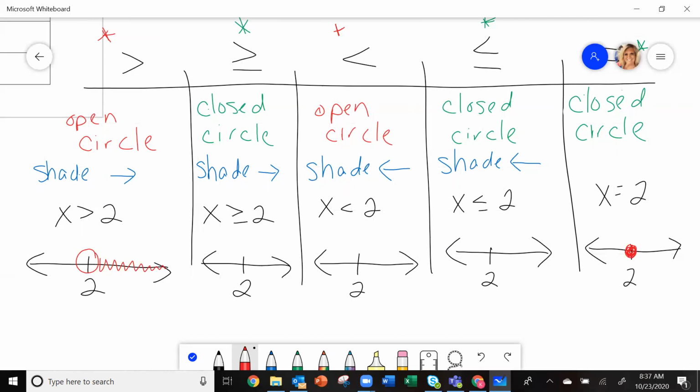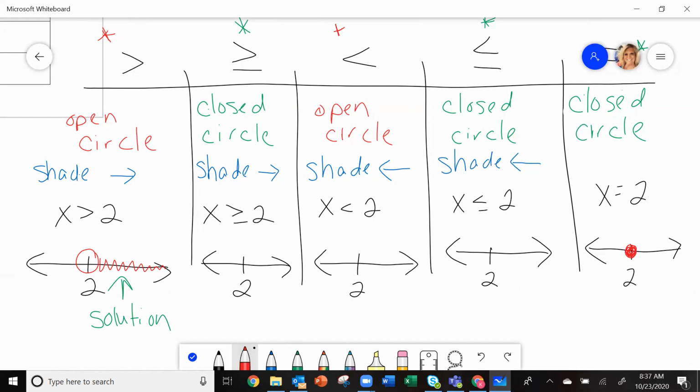This means that a solution is anything in the shaded area. The 2 is not equal to 2, so that's not a solution, but a solution is anything in the shaded area. If they ask you, is 5 a solution? And if it's in the shaded area, then that is true.